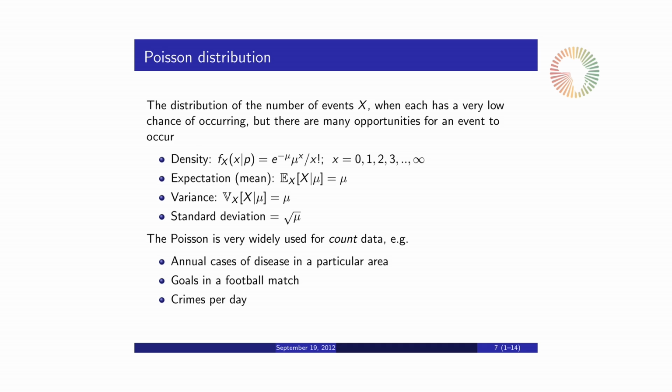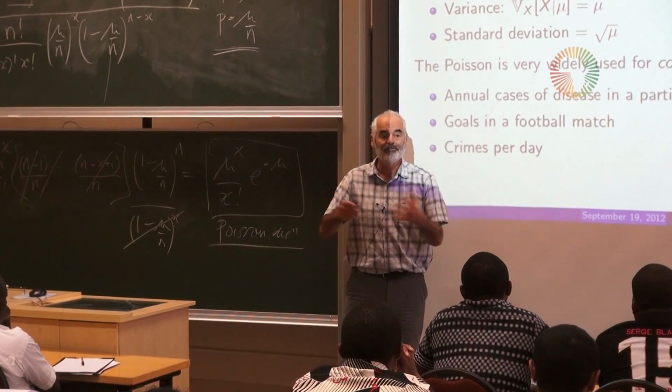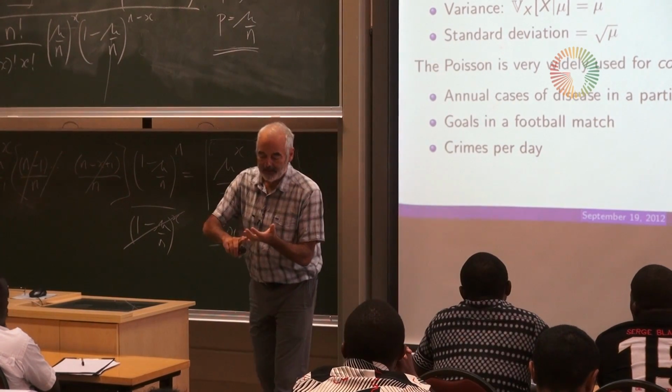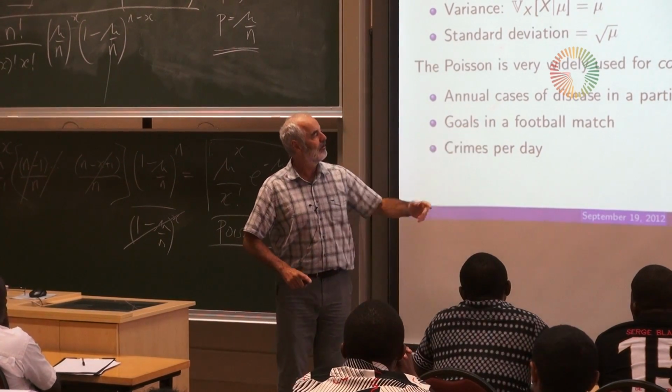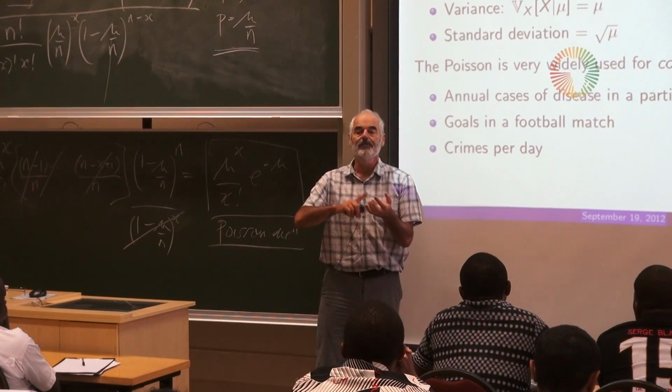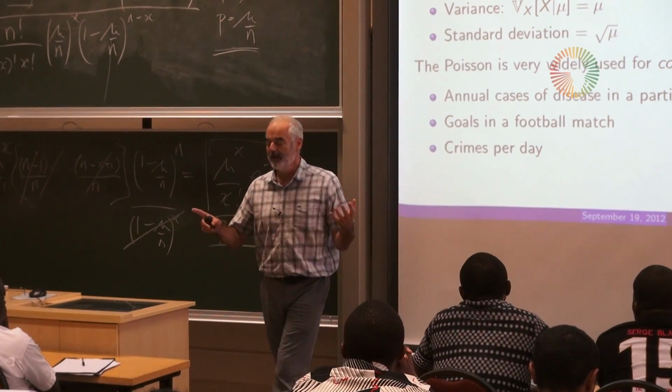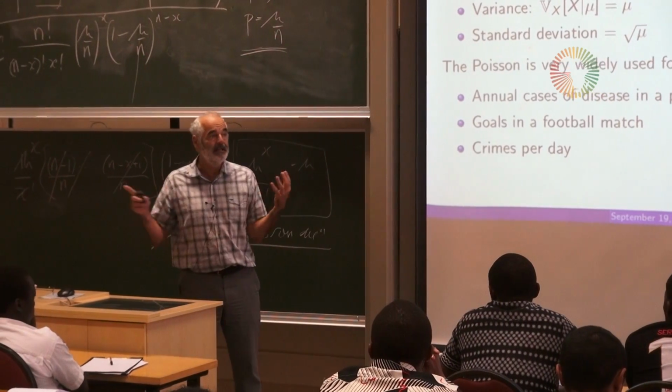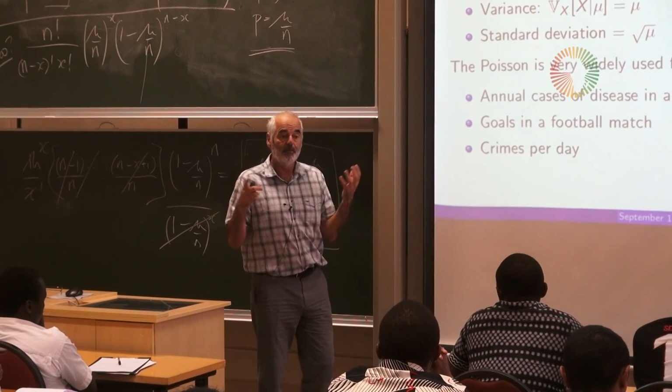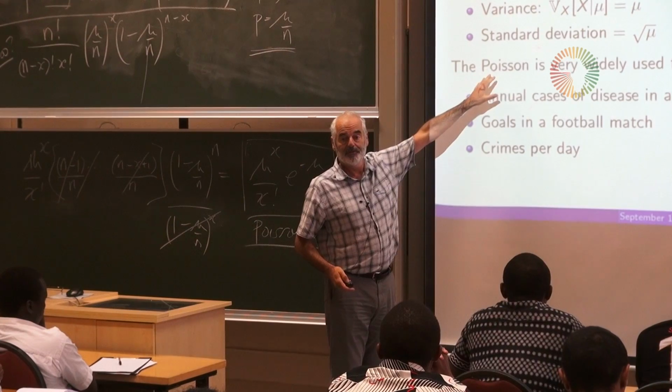We're going to use it a lot in our examples in our practical statistical modeling, because it's the one I've used most in my career. If you're analyzing any events, counting anything, counting how many crimes there are, how many goals there are in a football match, how many cases of disease, how many mothers die giving birth, how many anything, which is most of what we do, you need a Poisson distribution.